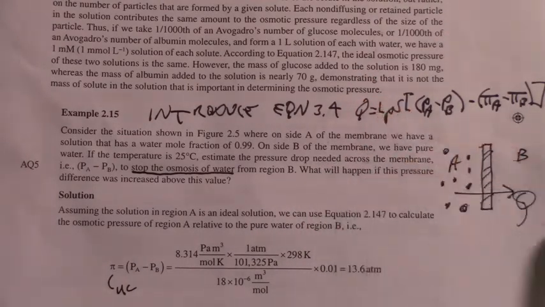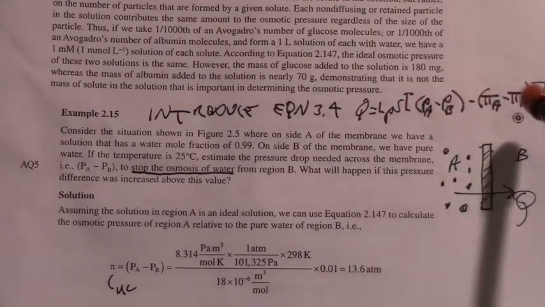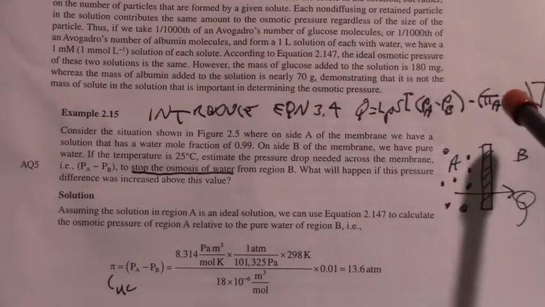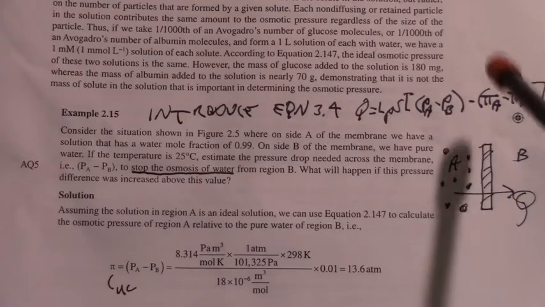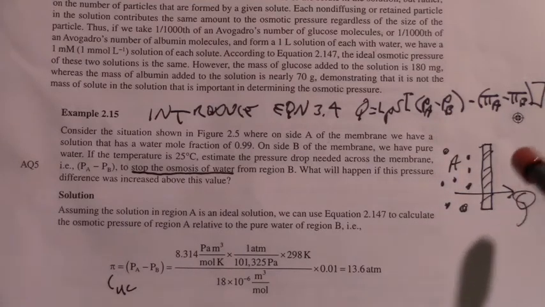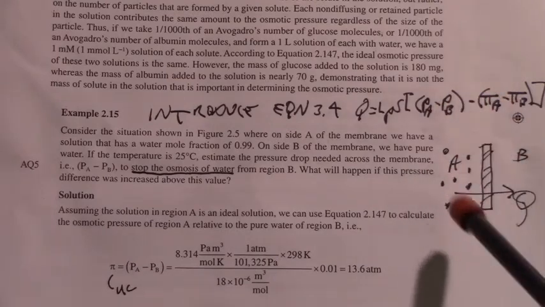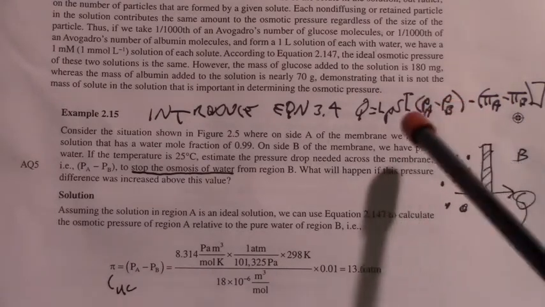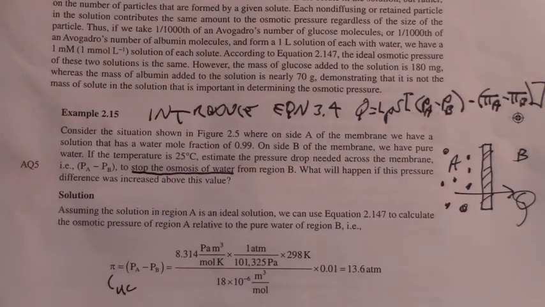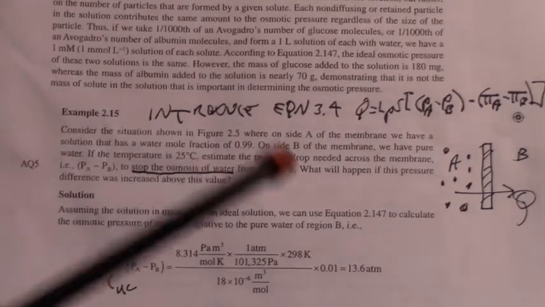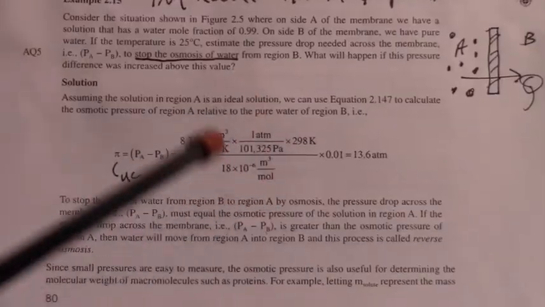There's no bulk flow. So that means these two parenthetical terms would have to equal one another. We already know on side B we have pure water. So we're left with the result that the osmotic pressure is equal to the pressure difference across the membrane when the flow stops. So that's what's illustrated in the calculation right here.